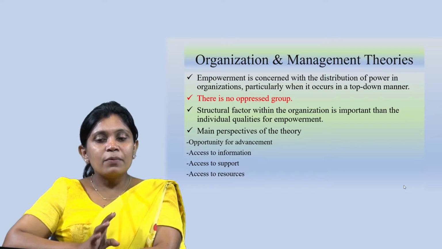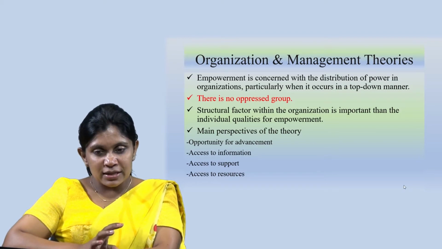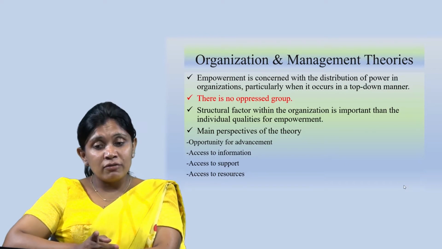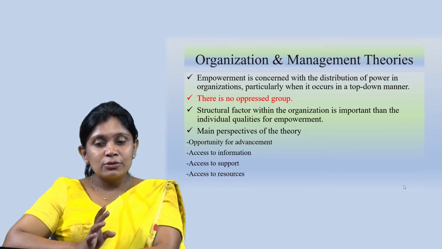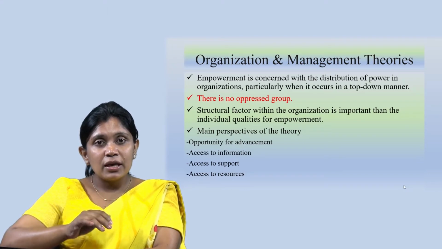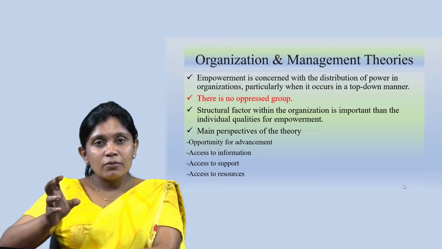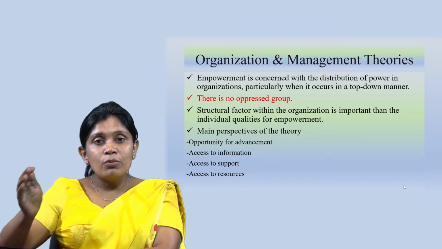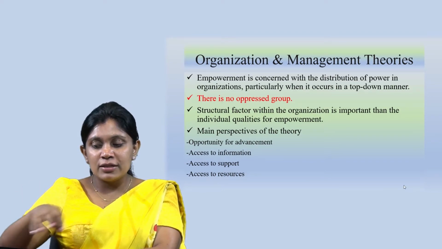The main perspective of this theory says opportunity for advancement, access to information, access to support, and access to resources. So, the main responsible body is the head of the department or the different organizational subunits, who are responsible to provide this support.